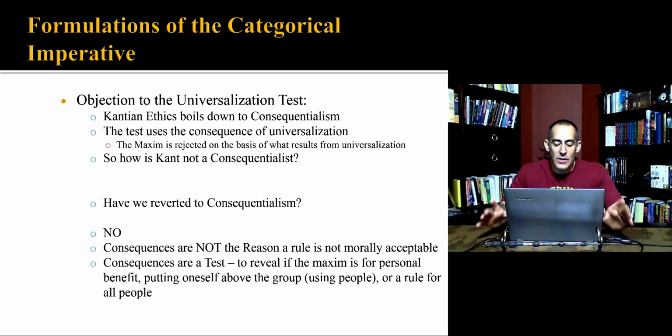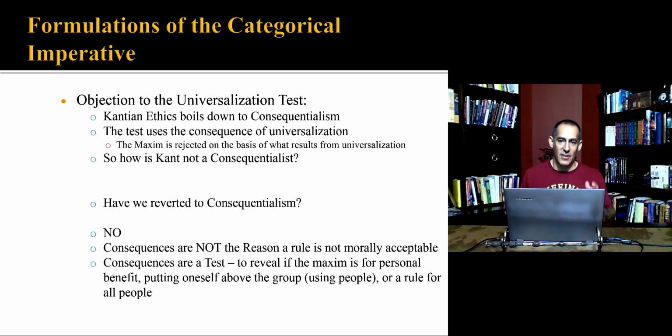It's because consequences are not really the reason that the maxim is unacceptable. What consequences serve as is a test to see if the maxim that we have is for my benefit. Okay? And if it puts me above the group. Because remember, I said Kantian ethics is concerned for individual human rights, not just personal self-interest.